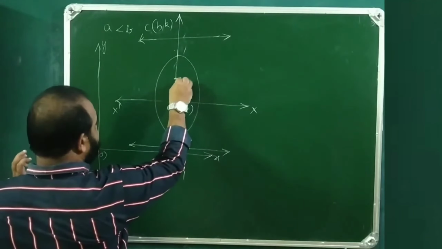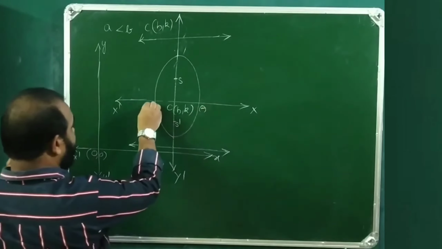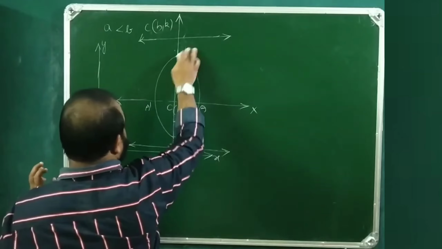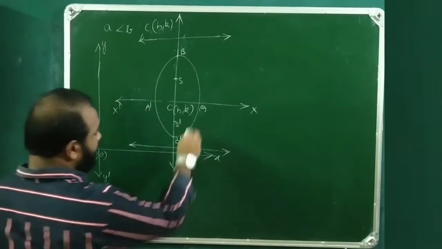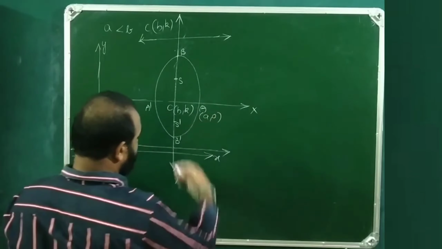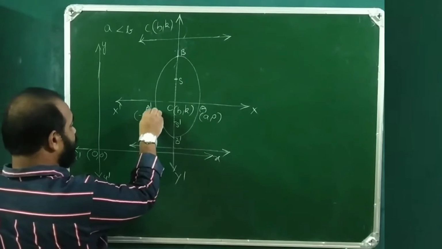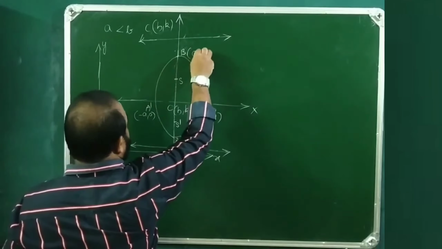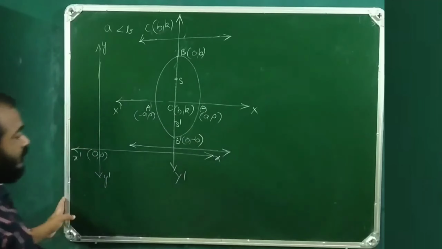Here this is S dash, A dash, this is B dash. This is a comma 0, and this is minus a comma 0. This is 0 comma b, and this is 0 comma minus b.